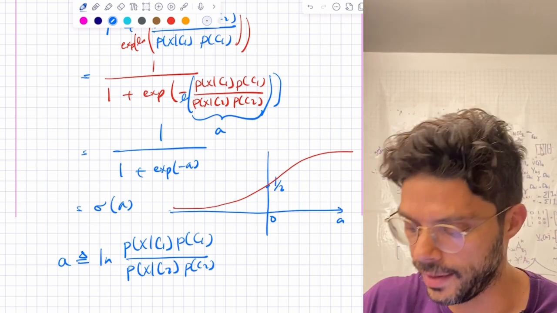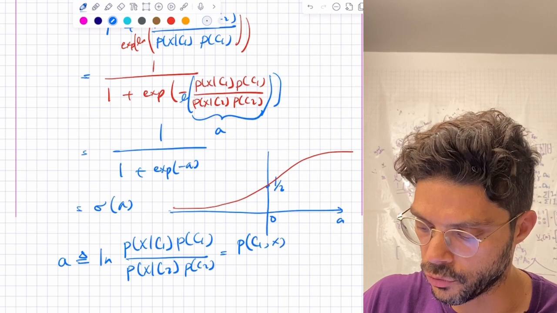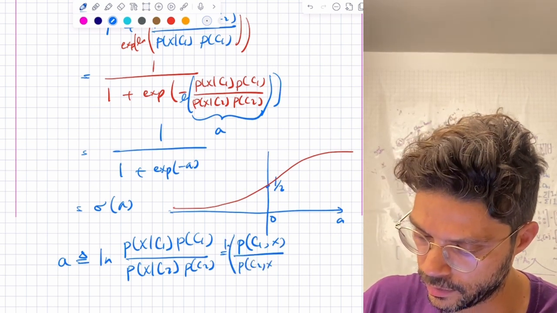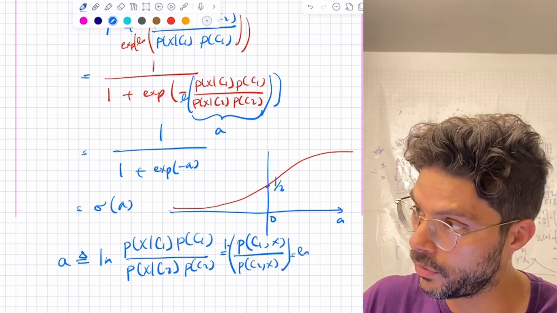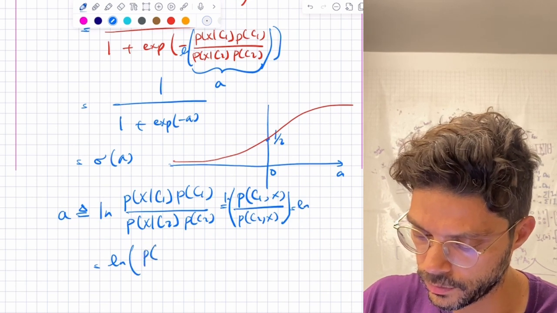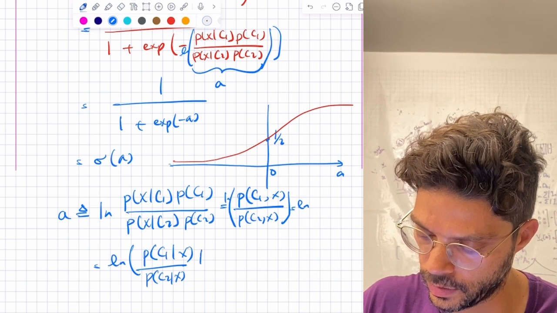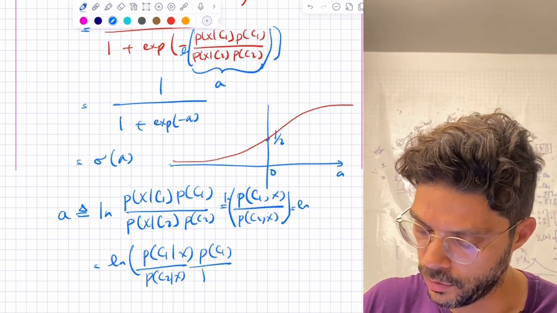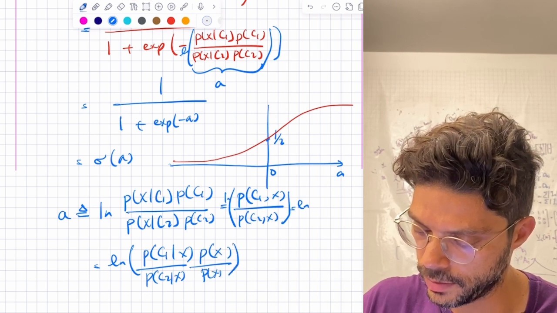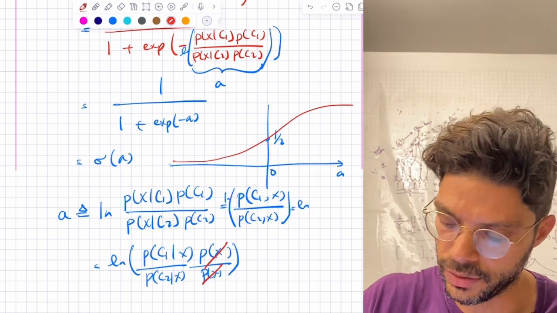Well, we can again just write it in terms of the joint probabilities, ln, and it's equal to P of x, right? And these cross. So this is just a log odds.